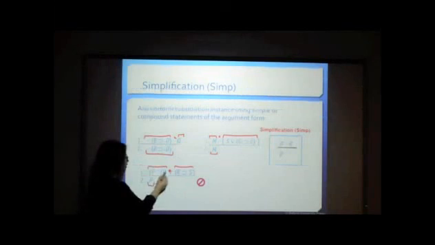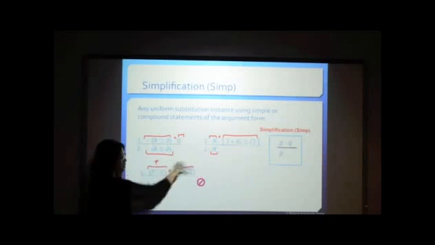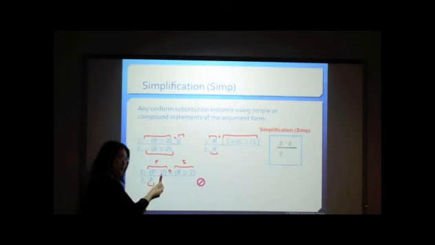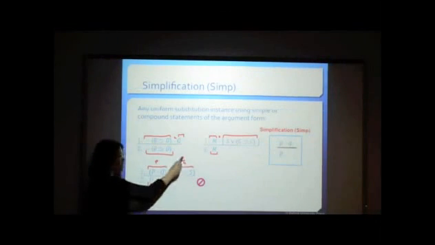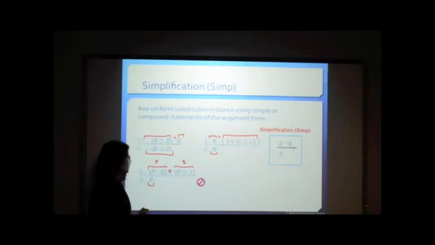Notice that one of the conjuncts is P dot Q, not just P. So this would be P corresponding to the P over there, and this would be Q corresponding to the Q over there. So here, the conclusion is not P, because the conjunct is P dot Q. So the conclusion is not a conjunct, which makes it the case that this is not a simplification.